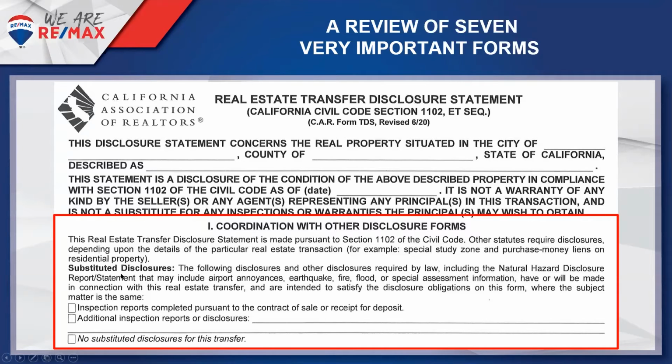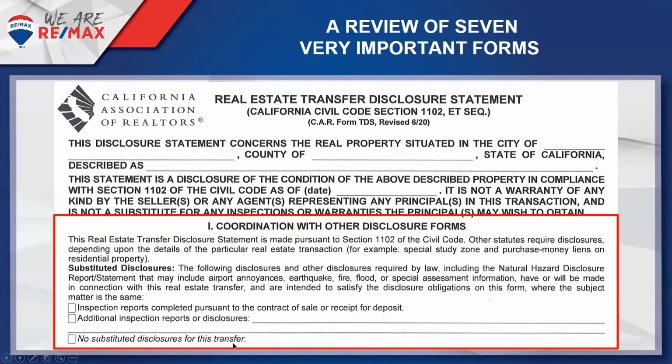So in the history of real estate in California, no substituted disclosures in lieu of the seller's disclosures have ever been made. But the form had the ability for the seller to provide substituted disclosures and check a box. What the form didn't have initially was the statement "no substituted disclosures."